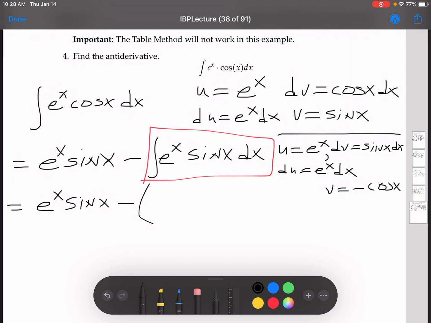The derivative of cosine is negative sine, so the negatives cancel and we get back to that there. All right, so this is uv, so that's negative e to the x cosine x, right? That's u is e to the x, v is negative cosine, that's why we get that negative there, minus the integral of v du. So we've got negative cosine x times e to the x dx.